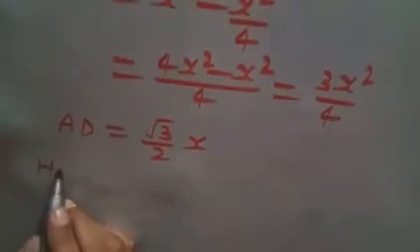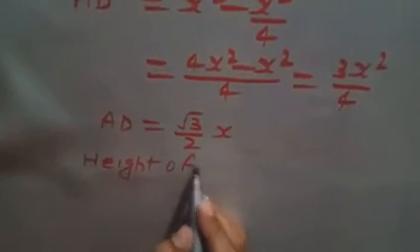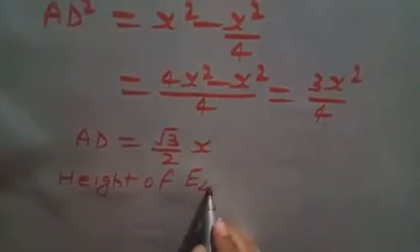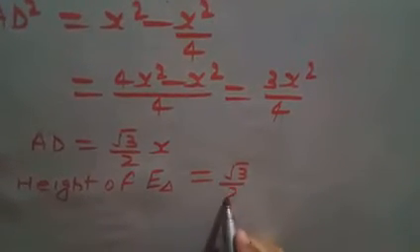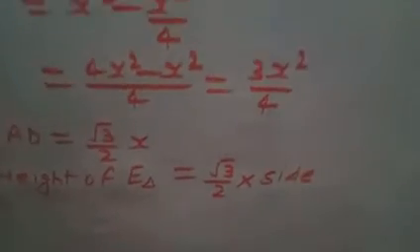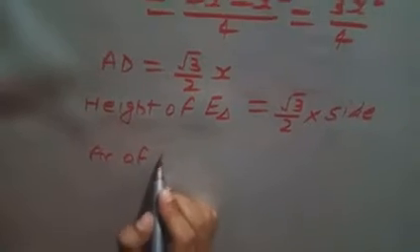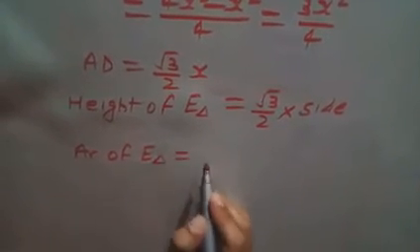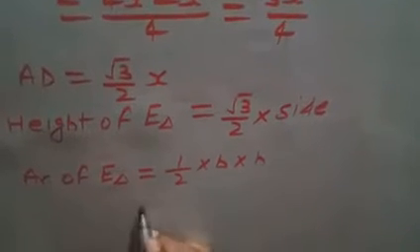So if I write the height of an equilateral triangle, then the formula will be root 3 by 2 into x, where x is the side. Now the area of an equilateral triangle is half base into height.